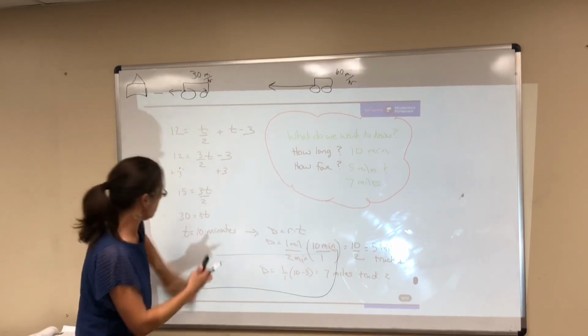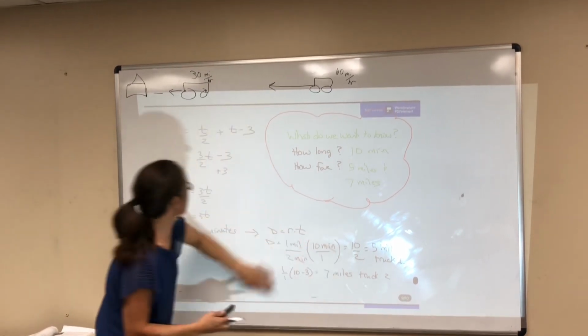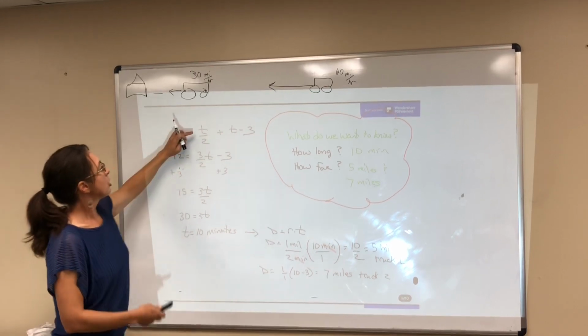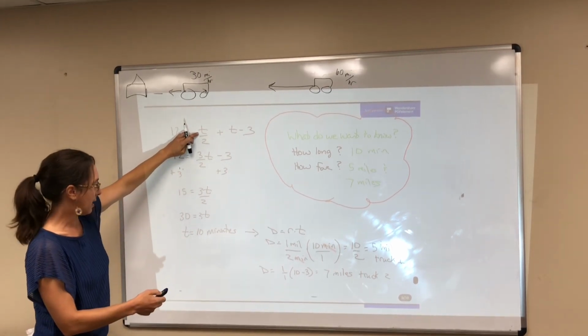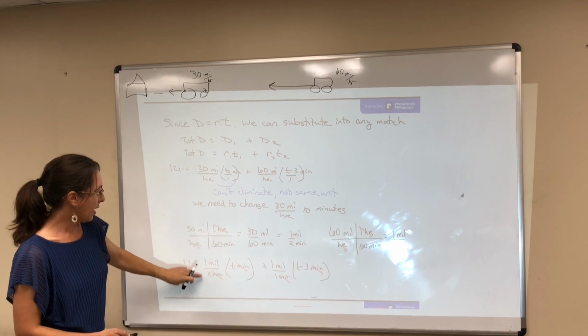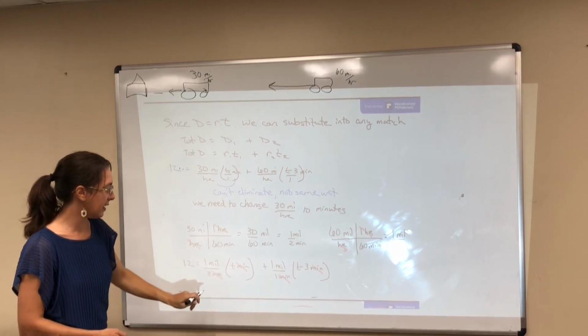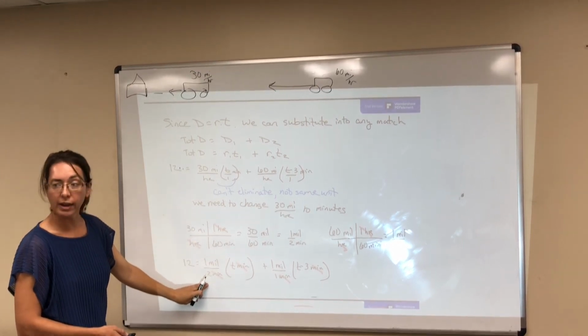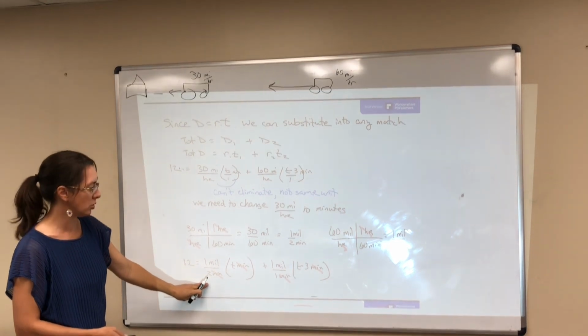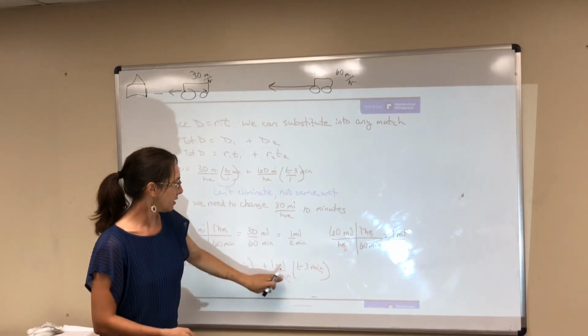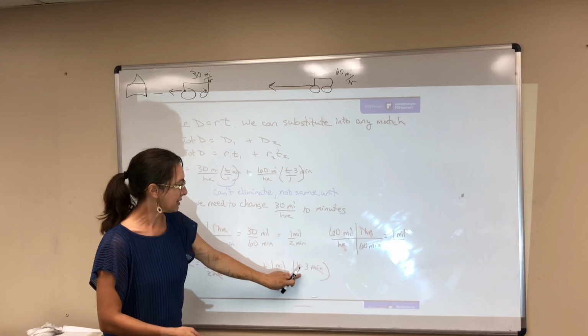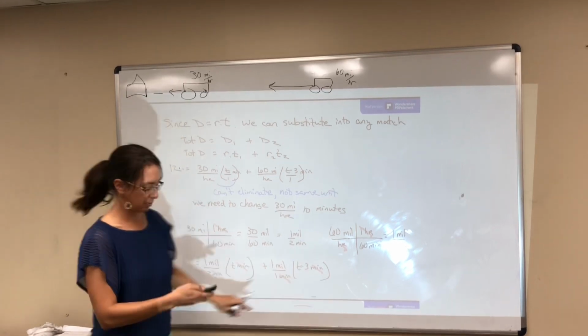I just rewrote it again. 1/2 times t is going to give us 1/2 t, or t over 2. This is just 1, so basically I just get t minus 3.